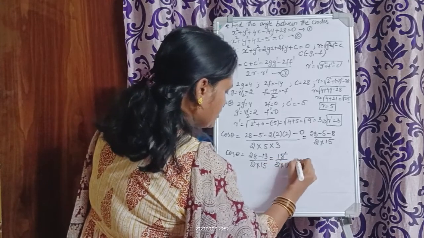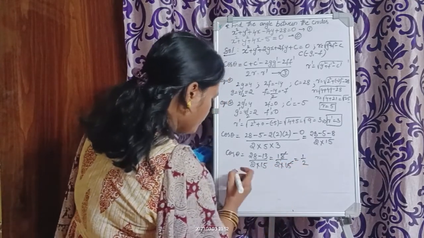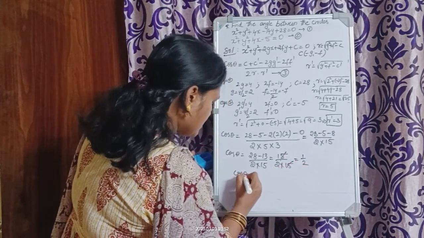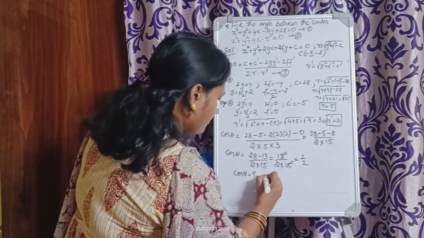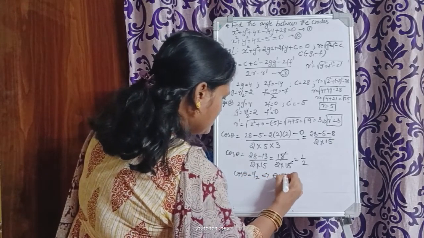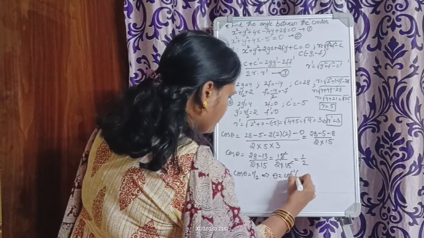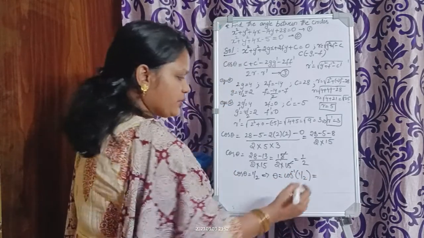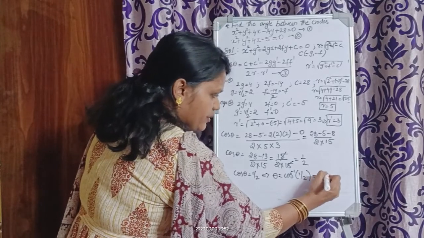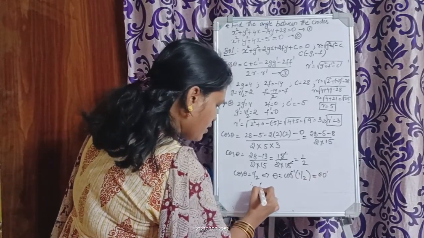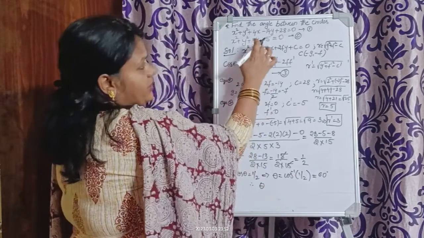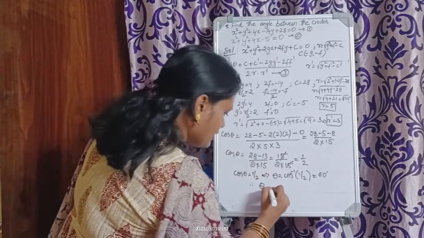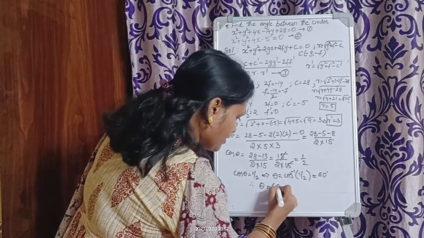It cancels, so cos theta is equal to 1 by 2, which implies theta is cos inverse of 1 by 2, which is 60 degrees. Therefore, the angle between the given circles is theta equal to 60 degrees.